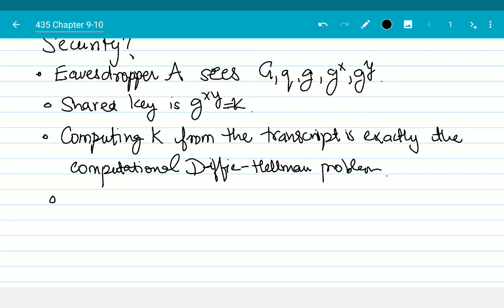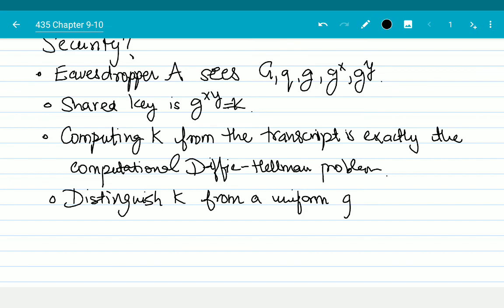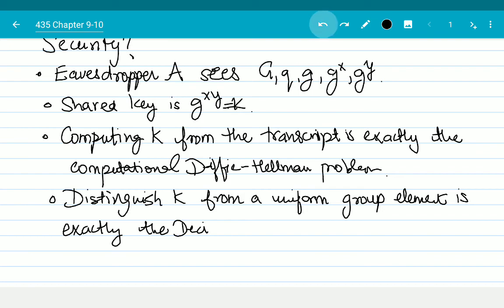Whereas the definition of security that we asked for, which said distinguish K from a uniform group element, is exactly the decisional Diffie-Hellman problem.